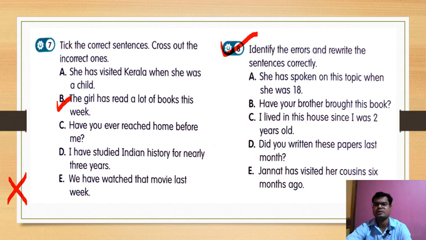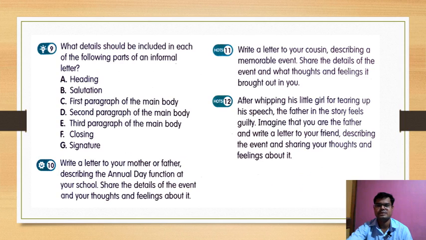Have your brother brought his book? I lived in the house since I was 2 years. Just find out the error. She has spoken on this topic. She spoke on this topic when she was 18. Okay, she has not spoken, she spoke. So like that you make the necessary changes.